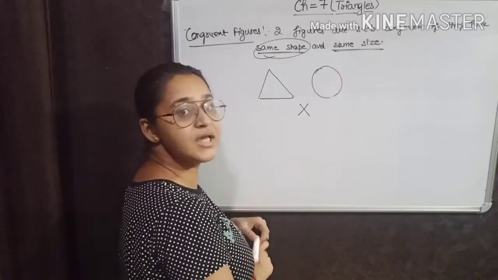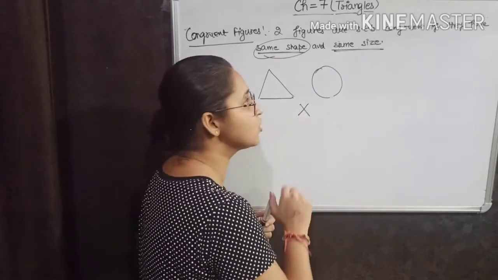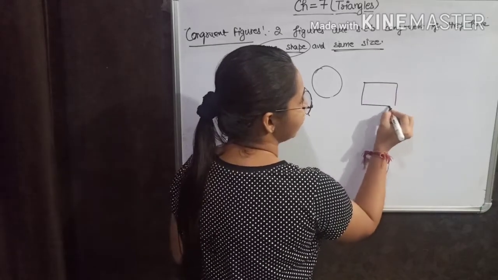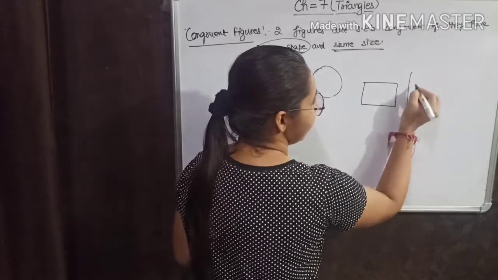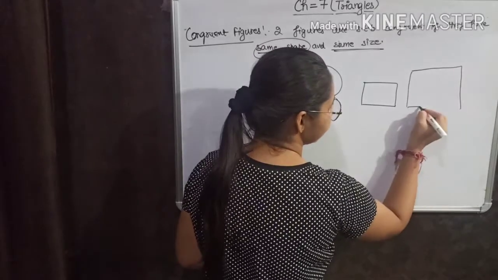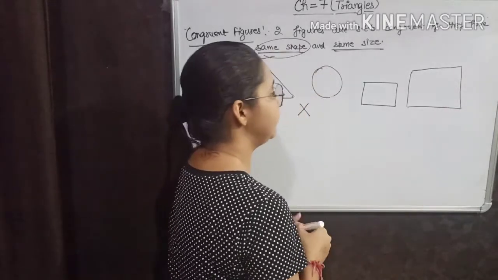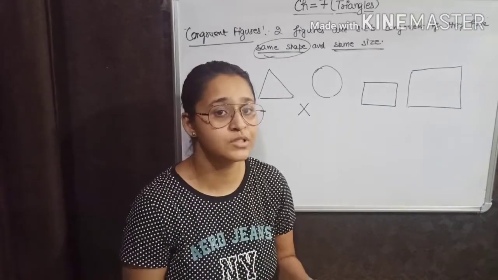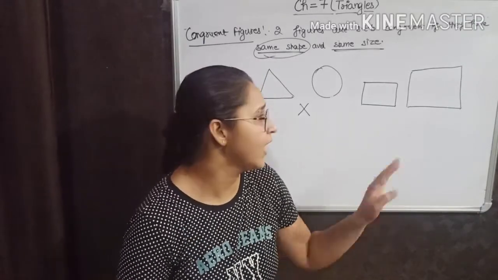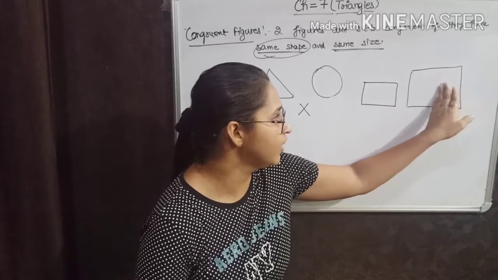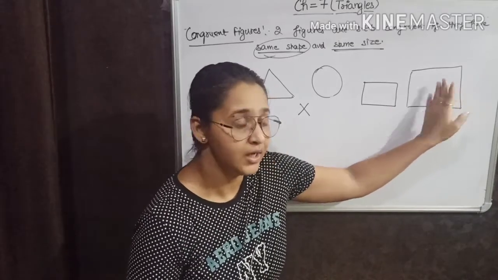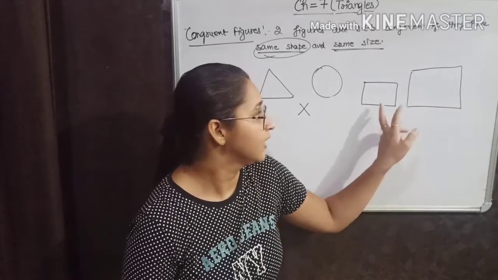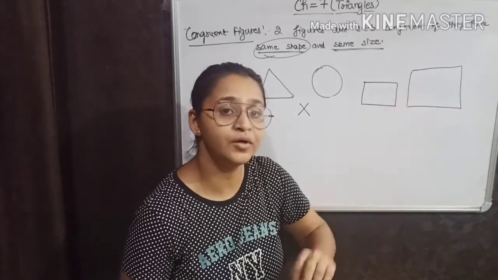Now come to the second note. The second point is same size. This is the most important thing. If I say this is the first square, and this is a second square, are these two figures congruent? Obviously no. Why? If I put the smaller square over the bigger square, will this be congruent or not?